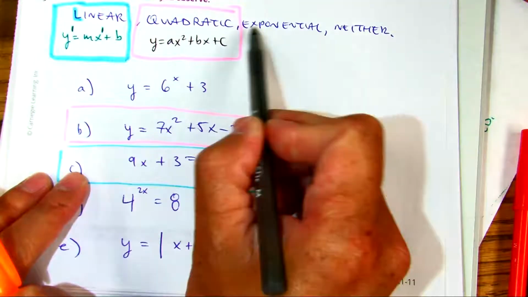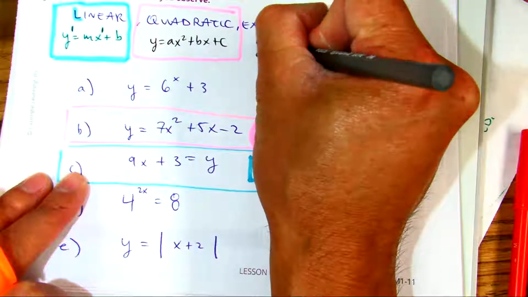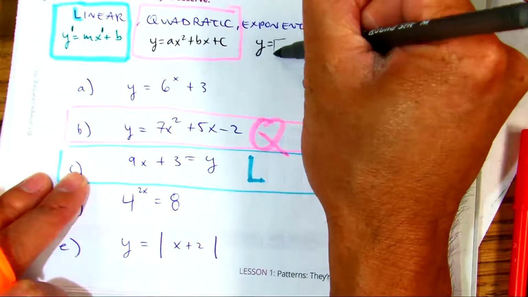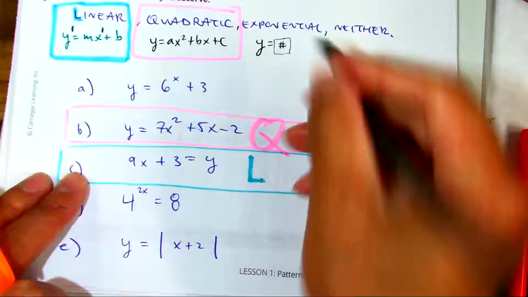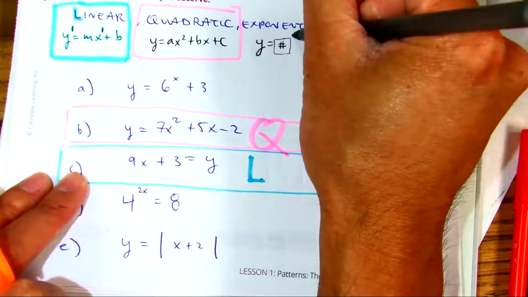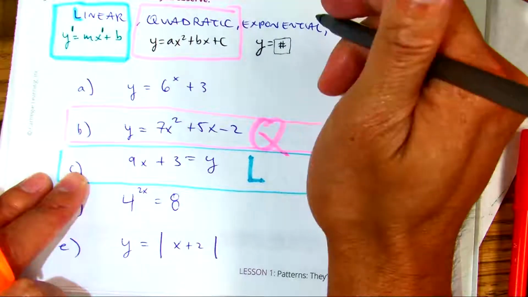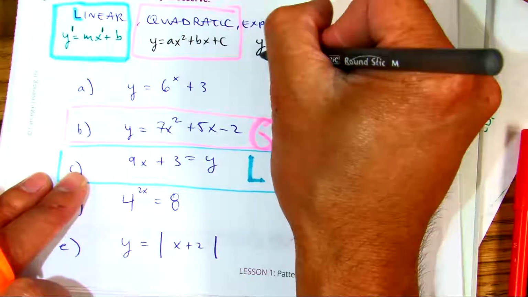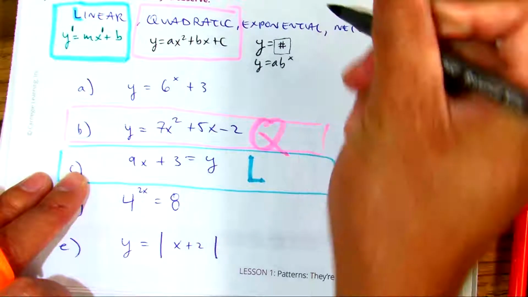Exponential, what's different is that it usually has a number here. Everyone say number? As a base, and then you have some kind of exponent. So the formula is a b to the x power, usually something like that.